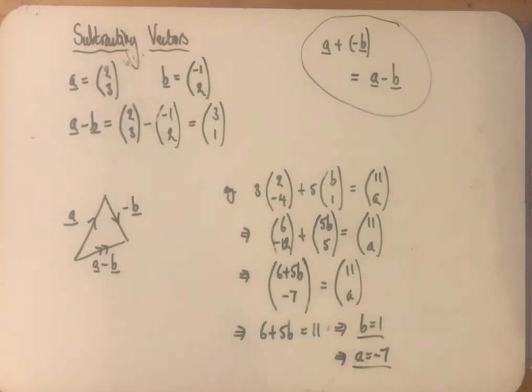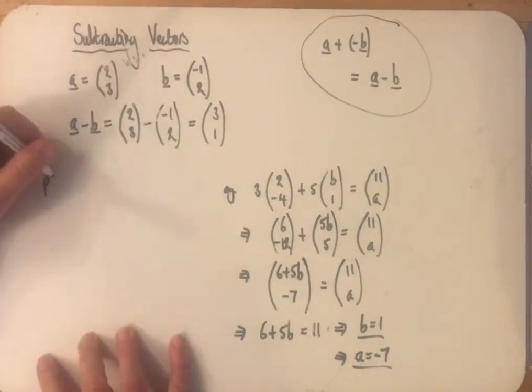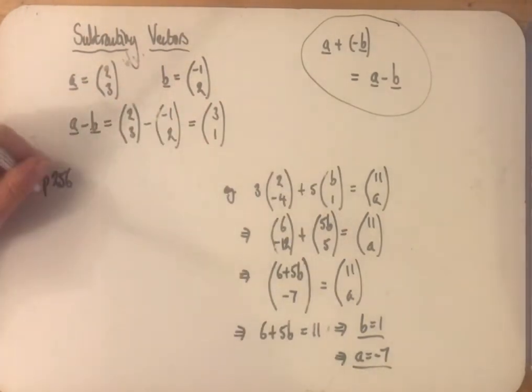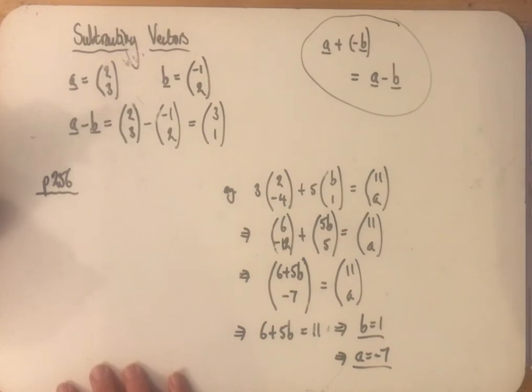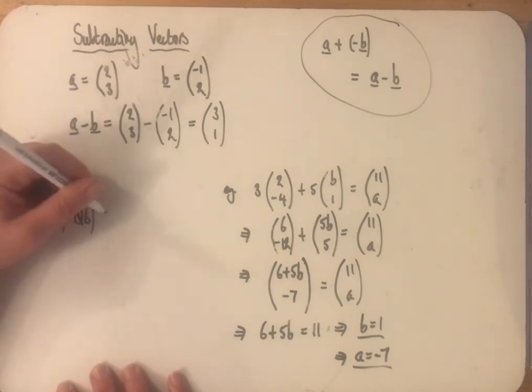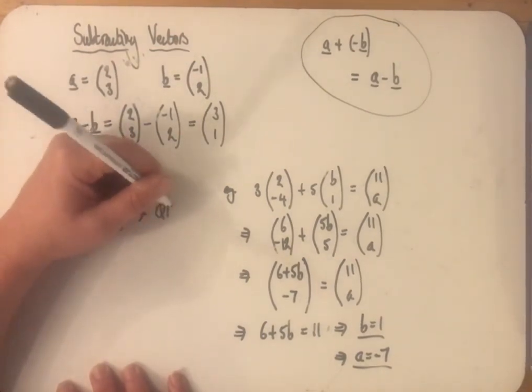If you could look at doing, please, page 256. Try and get in the habit of underlining your vectors as well, please. I've got to nag you about that. So question 1, question 6, and then question 8 through to question 11.